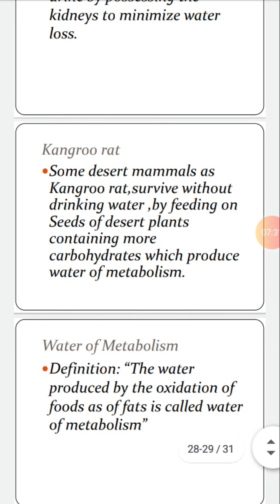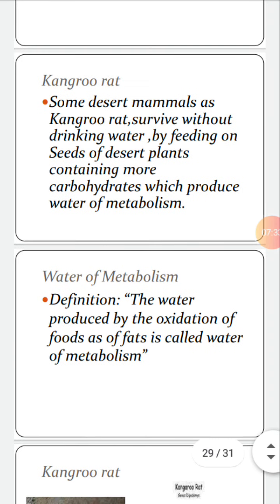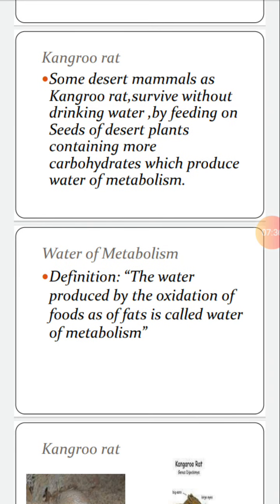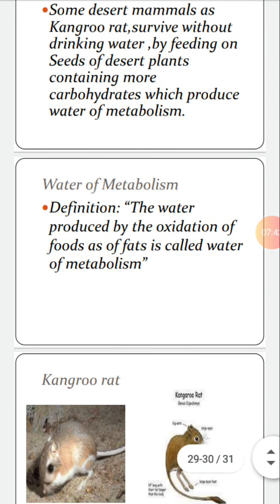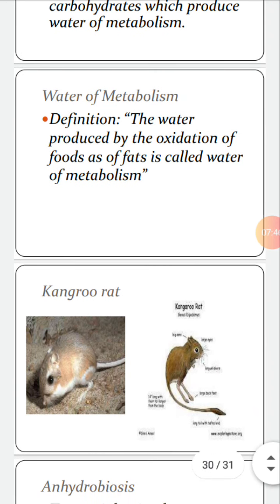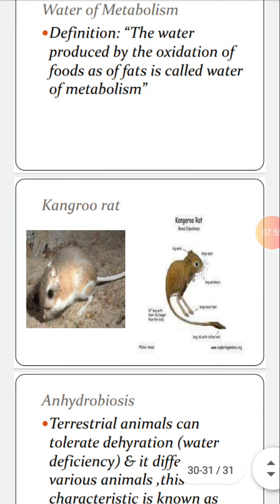Now, what is water of metabolism? Its definition is water produced by the oxidation of high energy foods like fats. That is, if they eat seeds rich in carbohydrates or some moist foods. Kangaroo rat image.